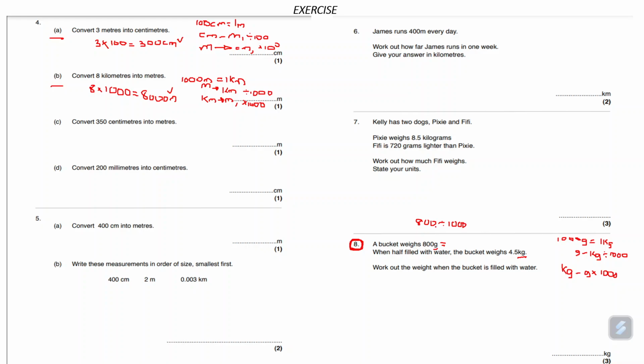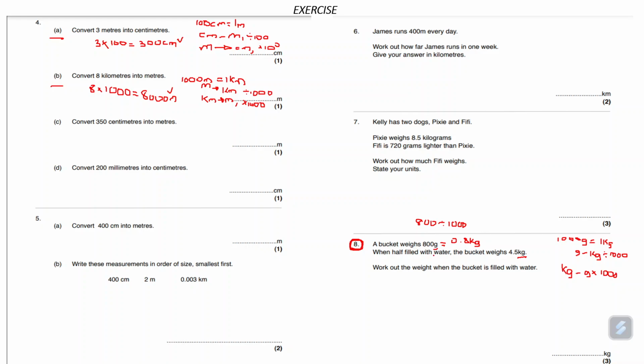Doing this manually, we take the invisible decimal here, we count 1, 2, 3. So that will give us 0.8 kilogram. That's the weight of the bucket.